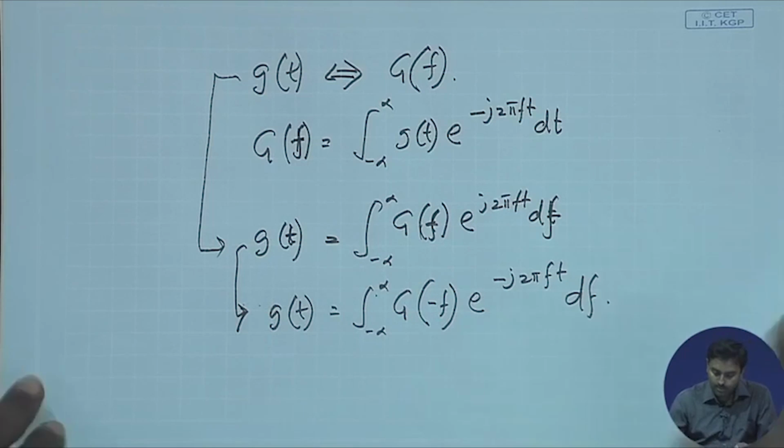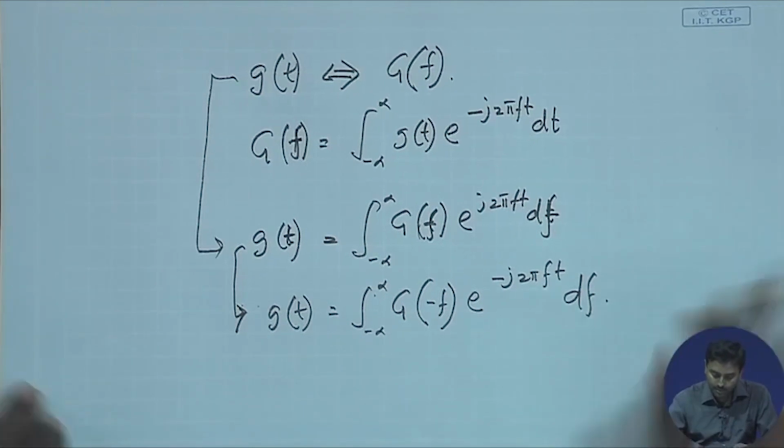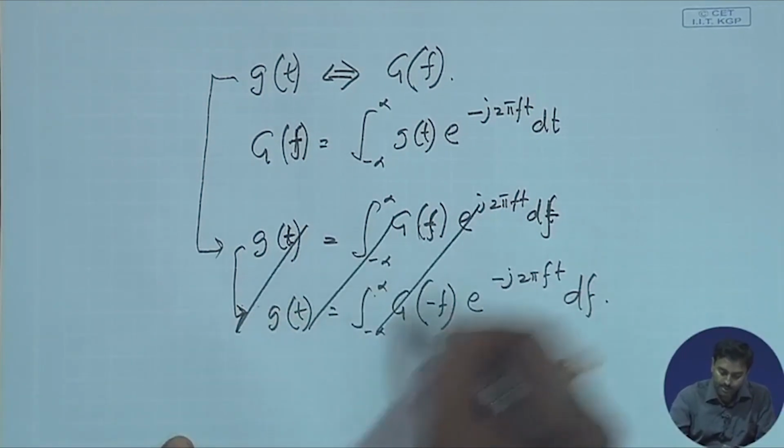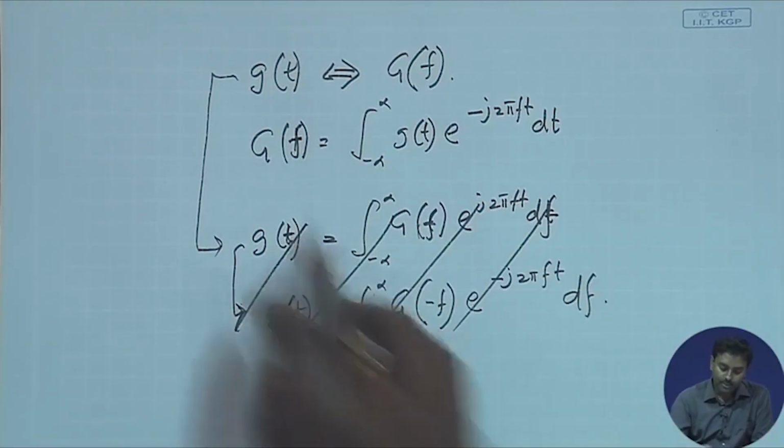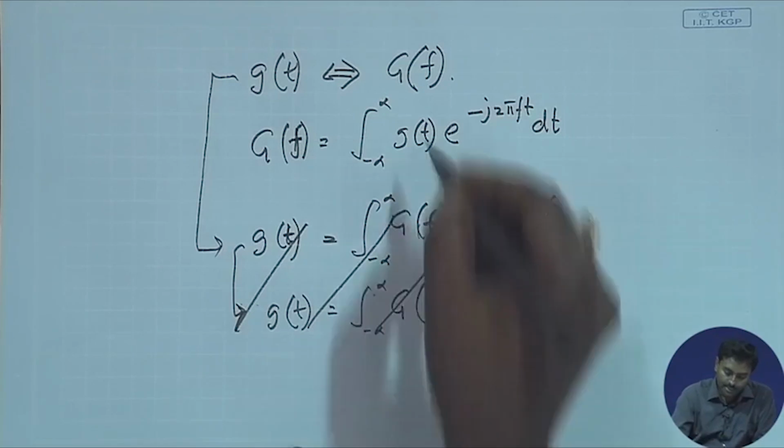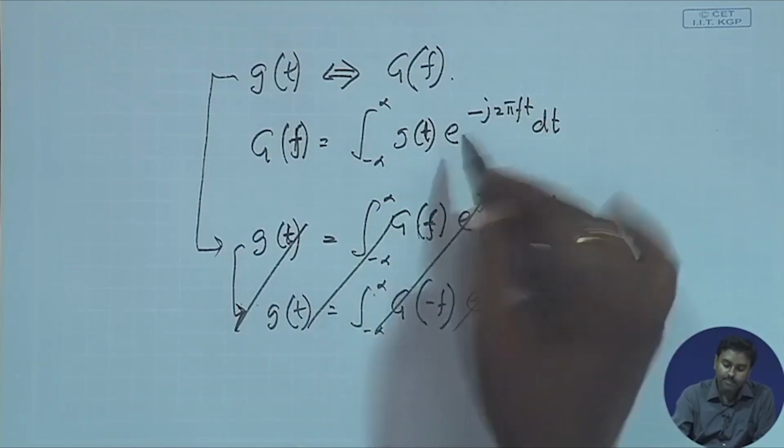We can do one more thing. Instead of doing it over here, I can also do it over here. So, basically what we are trying to do, I have got this, right. Now, just replace t by f.